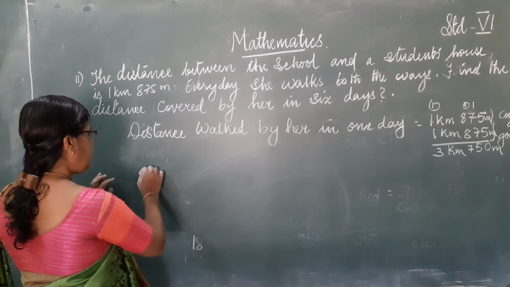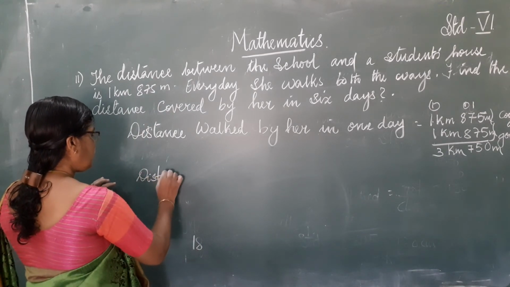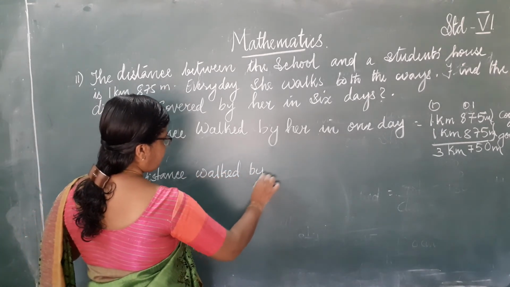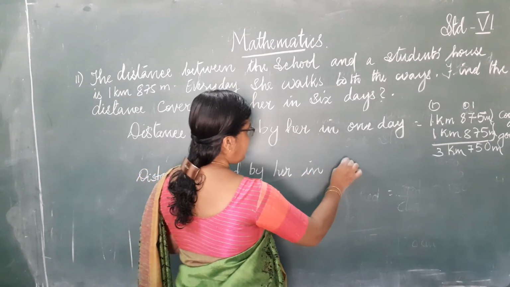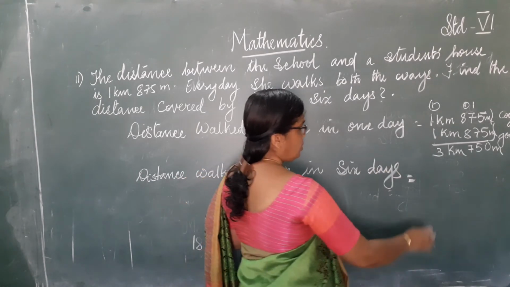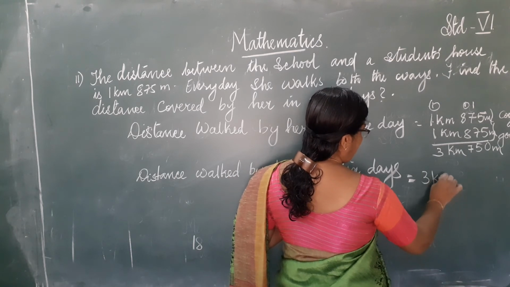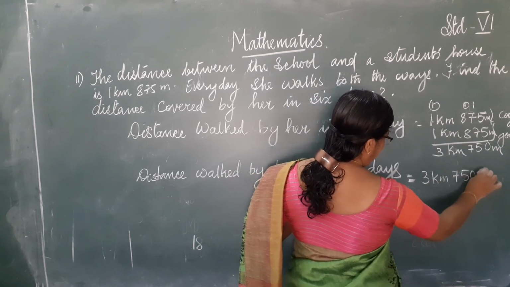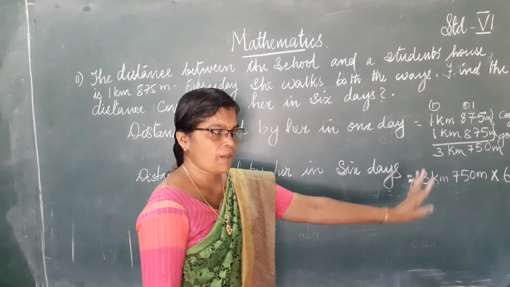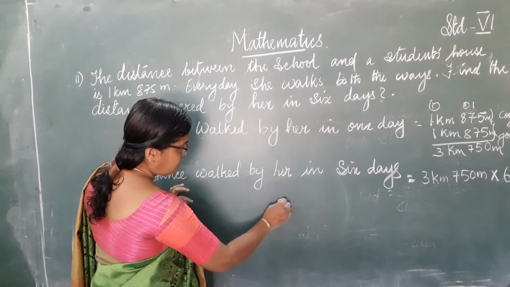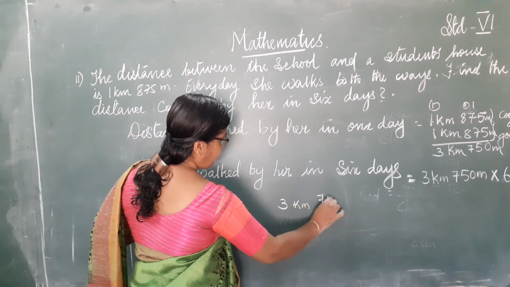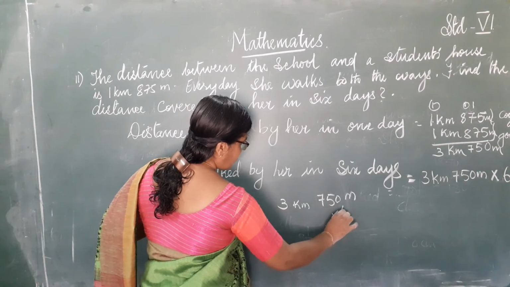So distance walked by her in 6 days is equal to 3 kilometer 750 meter into 6.